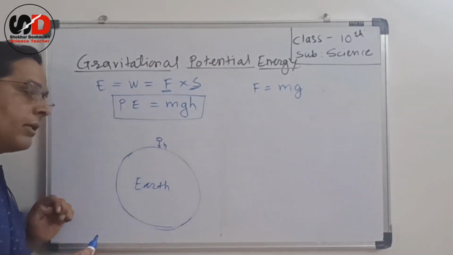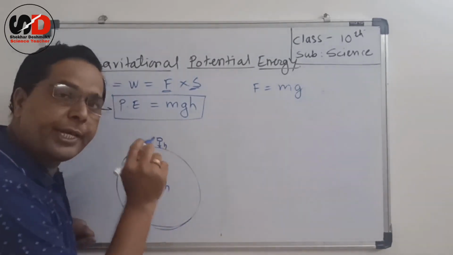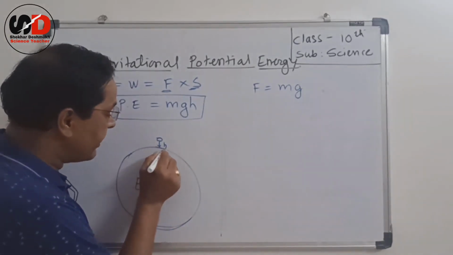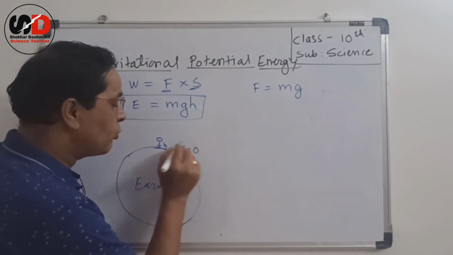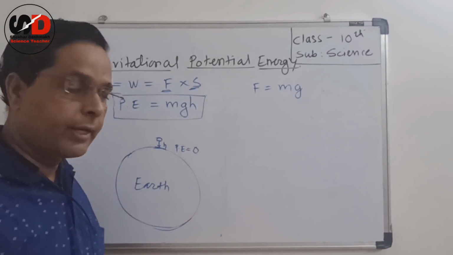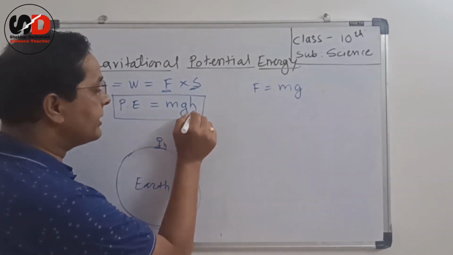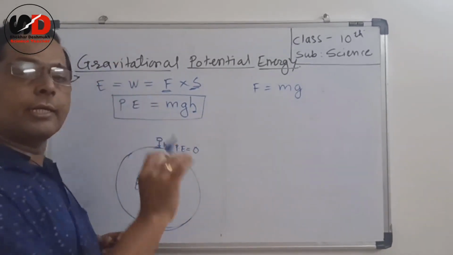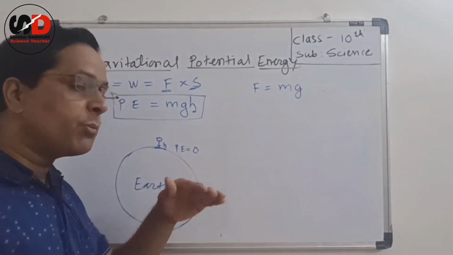And we assume that the potential energy of any object at the surface is 0 on the surface of Earth, because we consider the height h is 0 and therefore we consider potential energy is 0 in that case. But it is true for smaller heights.